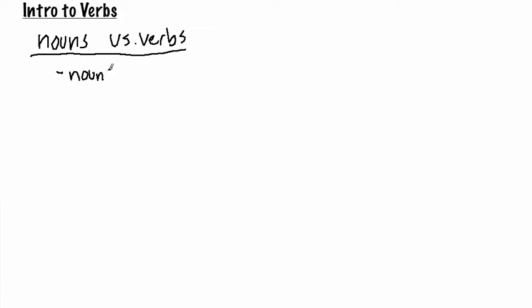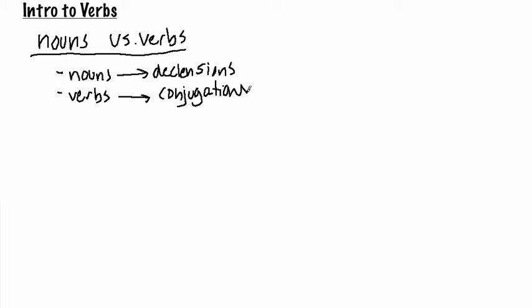Okay, so nouns versus verbs. Nouns are grouped into declensions. On the other hand, verbs are grouped into conjugations. Another point of comparison is that nouns use case endings to show what the noun is doing in the sentence.